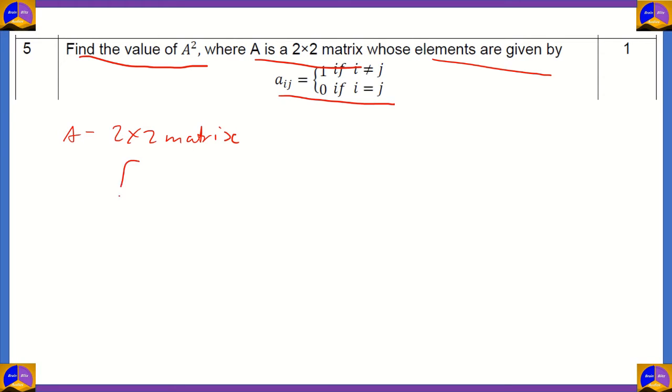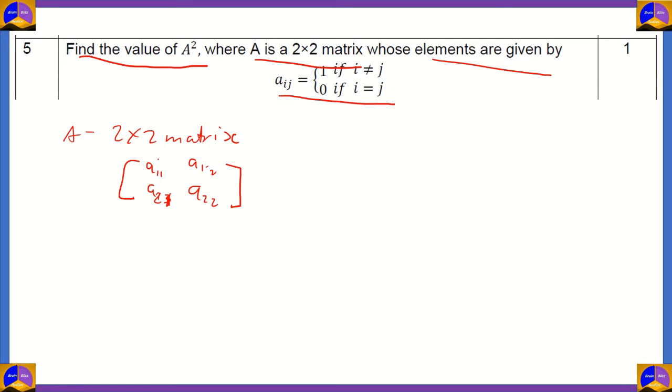In a 2 by 2 matrix, you have A11, A12, A21, and A22 as the general elements present. First row, first column, first row, second column, second row, first column, and second row, second column. So this is a 2 by 2 matrix.